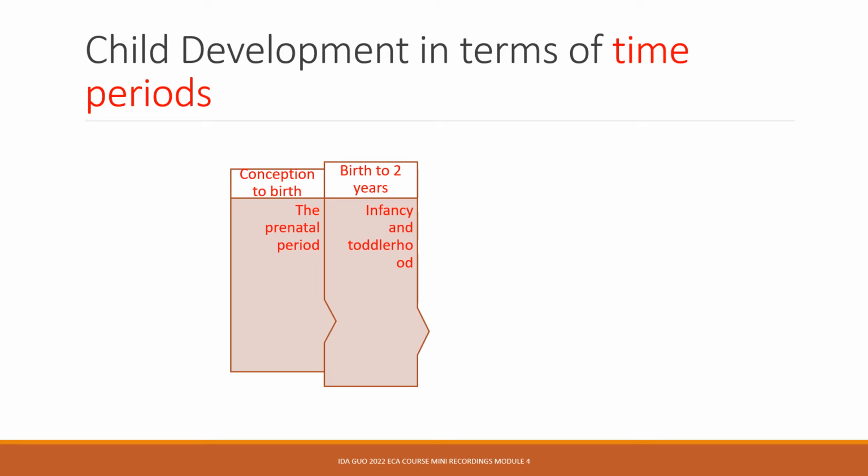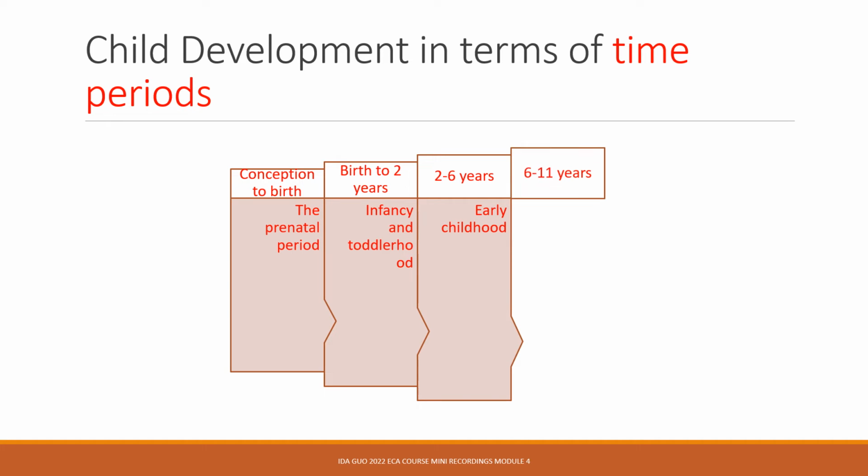The third stage is 2 to 6 years old, and that is early childhood. And the last that we need to know is 6 to 11 years, and we call it middle childhood.